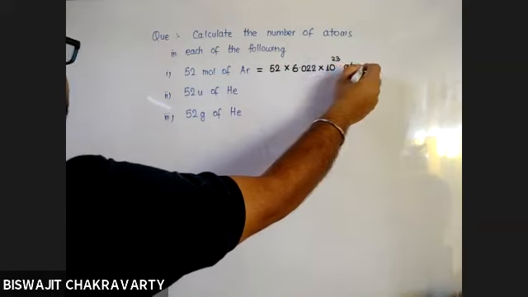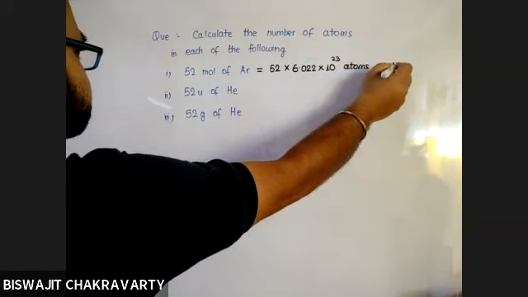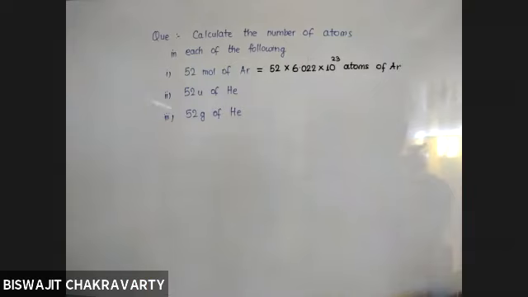If 1 mole has Avogadro's number of atoms, then 52 moles will have 52 into Avogadro's number. Check what the answer comes out to be. Sir, 3.13 into 10 to the power 25. Okay, so you can write down 3.13 into 10 to the power 25. This was the first one.